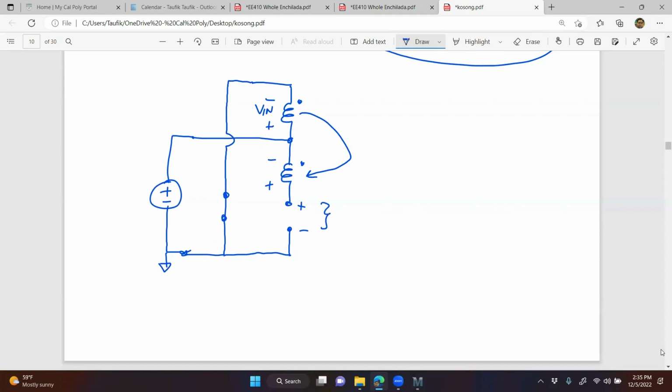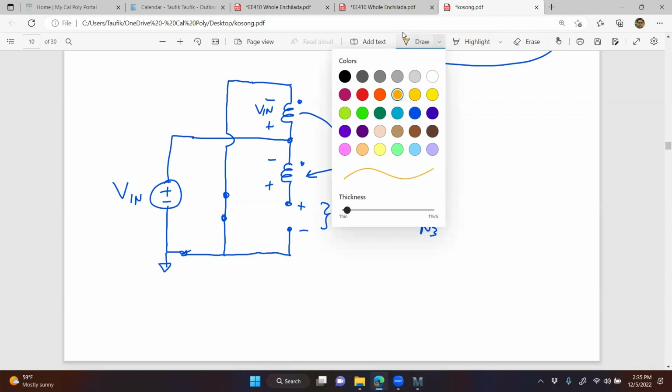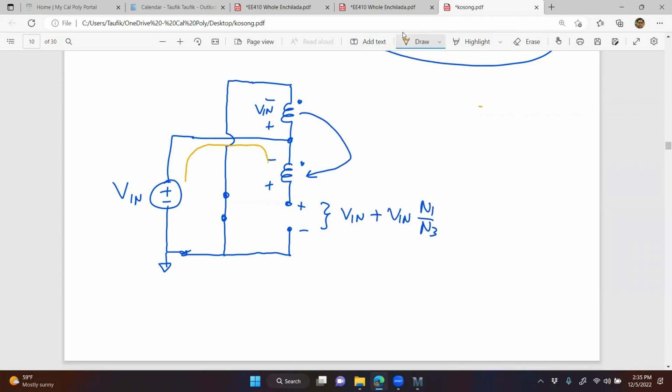So that's going to be what? By KVL around this loop, the switch voltage is V in plus V in times N1 over N3, right? So you have V in right here. I'm looking at this loop right here.